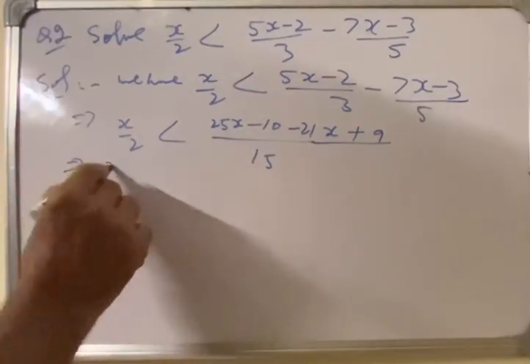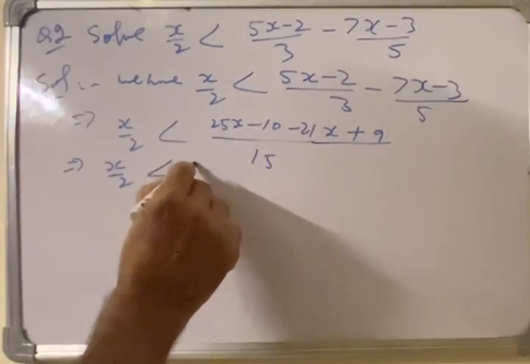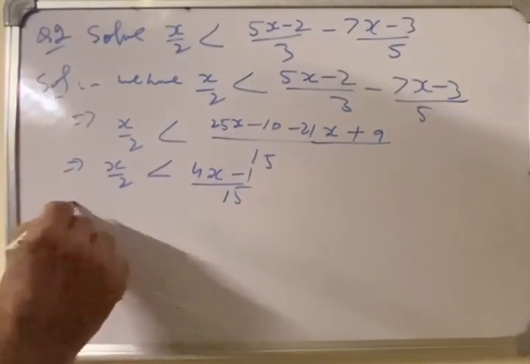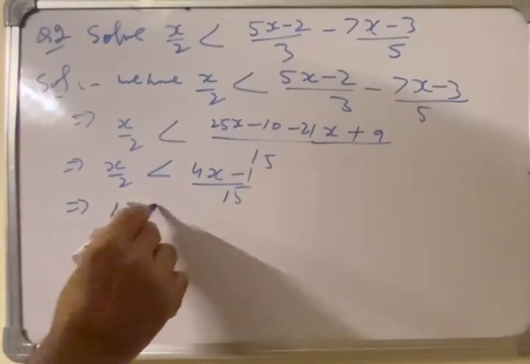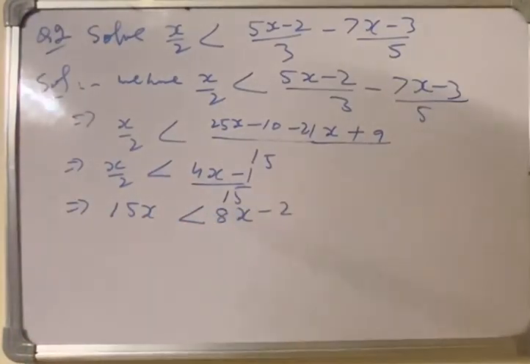So this will give you x by 2 less than 4x minus 1 over 15, cross multiply, 15x is less than 8x minus 2.